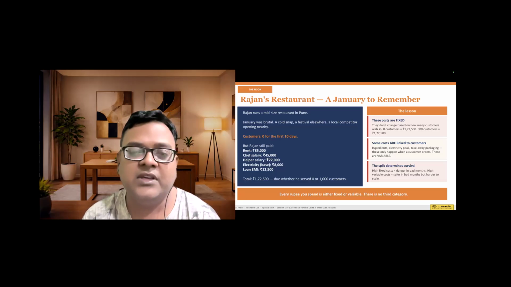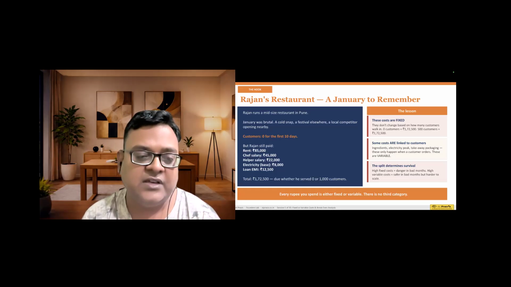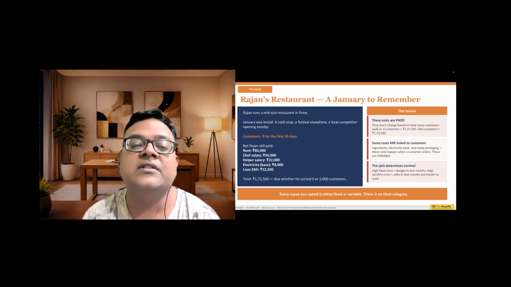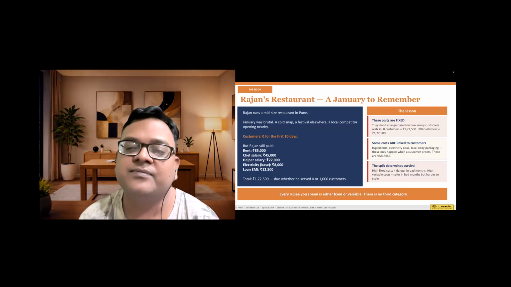The helper's salary, 22,000 rupees. The electricity, which is the base amount, 8,000 rupees. And there was a loan that he might have taken. The EMI is 12,500 rupees. So the total that he had to pay was 1,72,500 rupees, due whether he served 0 or 1,000 customers.